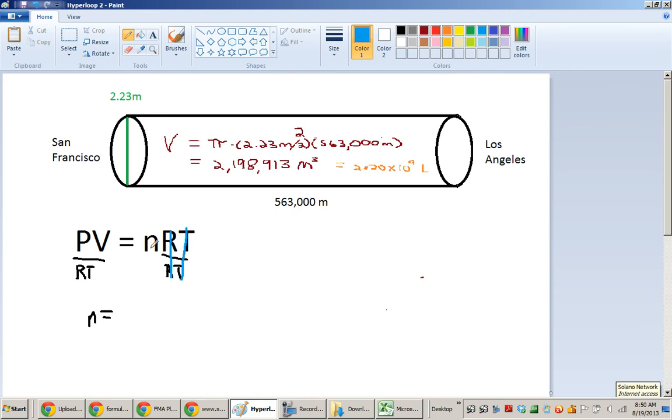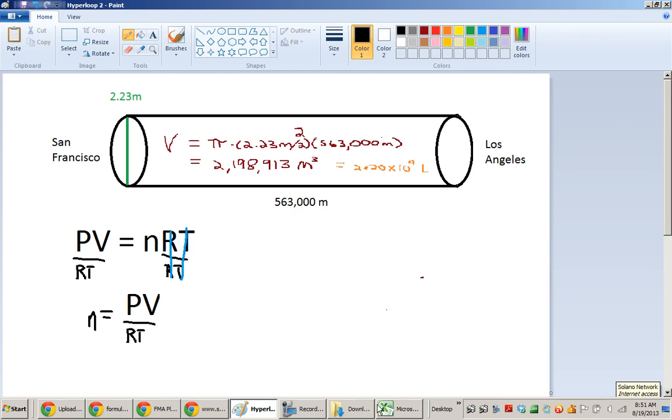I'm going to flip this around and put the n on the left hand side. So n equals PV divided by RT. And for this to work, all the units have to cancel out, so I'm just left with moles.